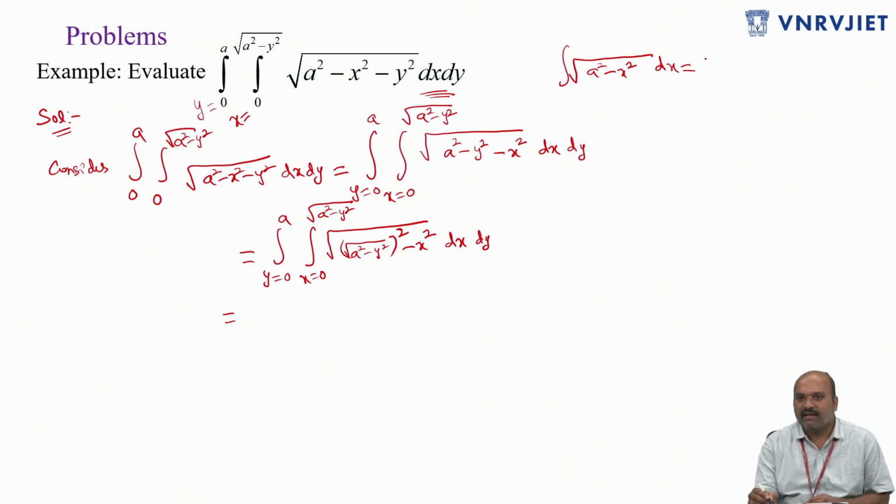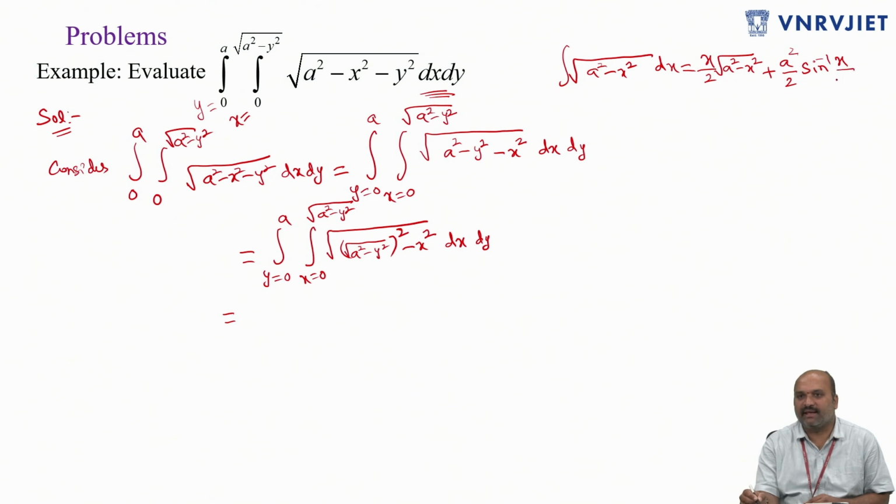The formula is x by 2 root over a square minus x square plus a square divided by 2 into sine inverse of x by a.